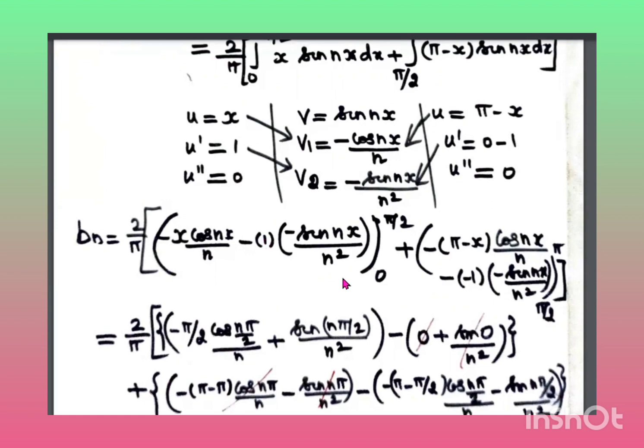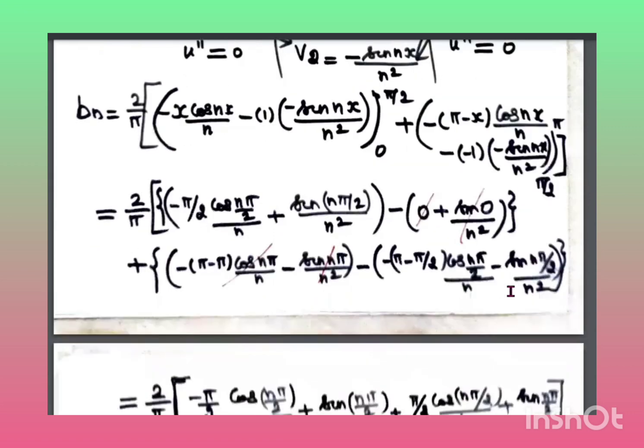Next, for the second integral, u is pi minus x, v1 is minus cos nx by n, so minus of pi minus x into cos nx by n, minus minus 1 into u dash, v2 is minus sin nx by n square. The limit for the second integral is pi by 2 to pi.